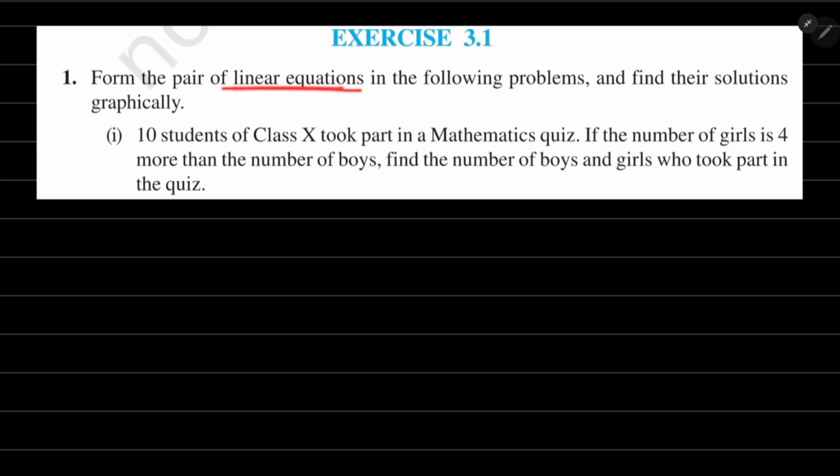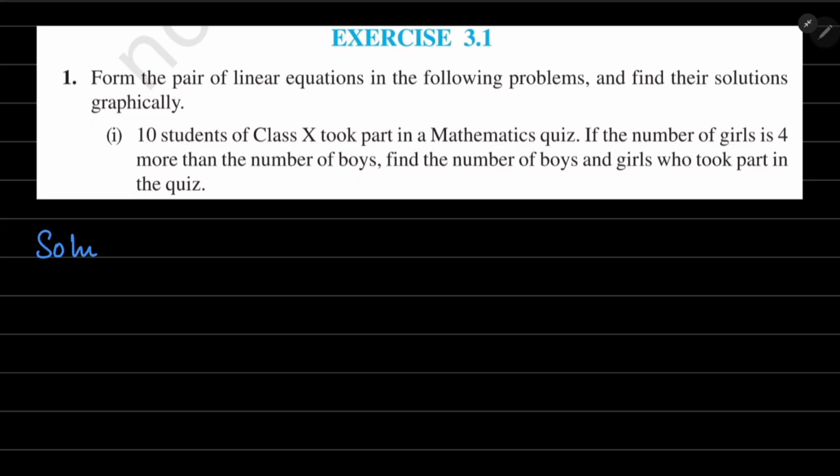Whenever you have linear equations, you will have variables in them, and in our syllabus you have got two variables. So whatever you have to find, that is the number of boys and the number of girls, you have to take as a variable. So let's get started.